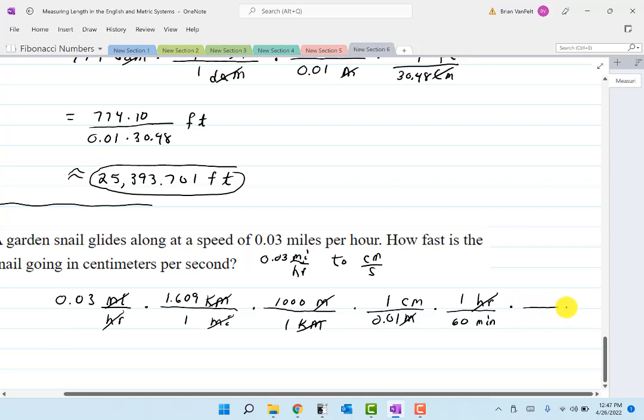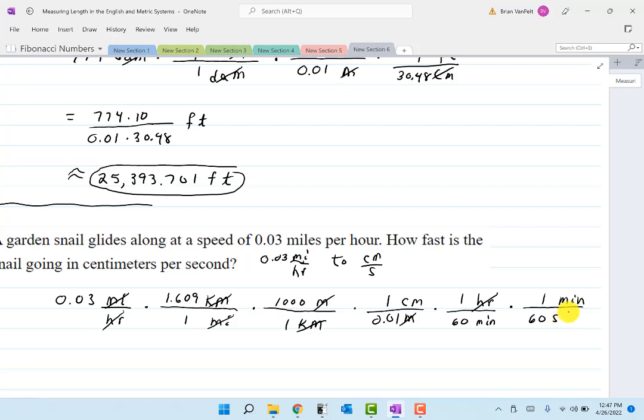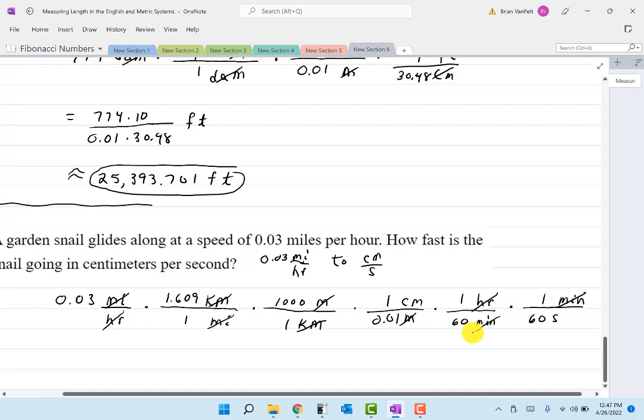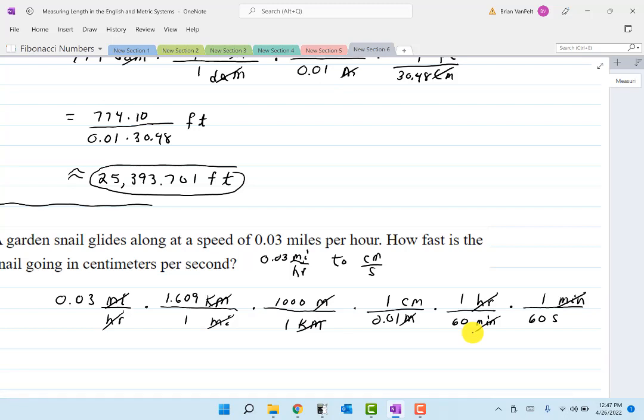And we know that I can wipe out the minutes with seconds because 1 minute equals 60 seconds. You can use the letter S for seconds because that is the international abbreviation for seconds. Take out min, and the only things uncanceled are a centimeter in the numerator and an S in the denominator, so that's what I want.